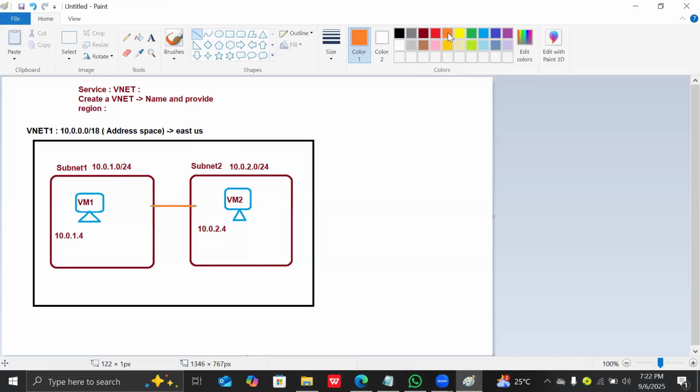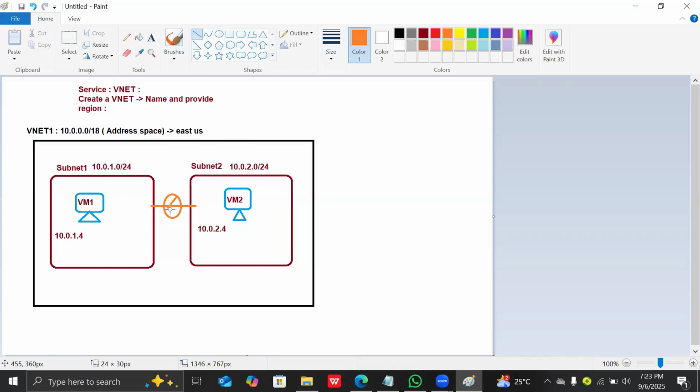If you talk about the physical network in a traditional method, in between they would be using routing, correct? They must be using a router, from the physical network point of view.